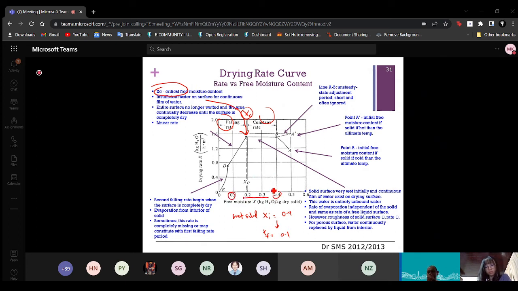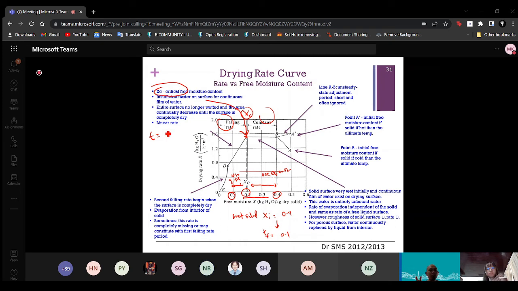If you look into this graph, if you want to dry from 0.4 to 0.1, dia akan come across dekat XC kat sini. So maknanya you kena separatekan that phase. Okay, this is constant. You use equation constant. Kalau falling, pakai equation untuk falling. So different.